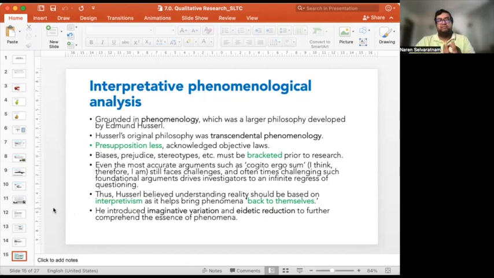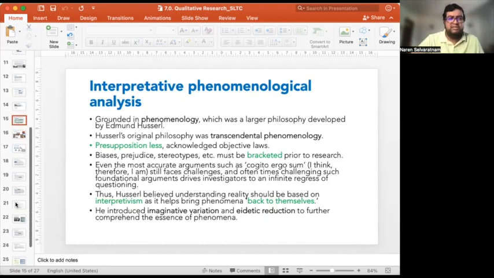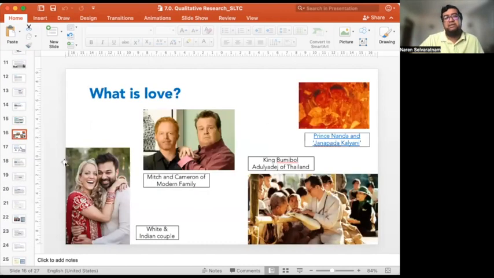For that, Edmund Husserl said, take things back to themselves. You can do this by a particular method called imaginative variation and eidetic reduction. I'm not going to dive deep into those concepts, since this is an introductory level class, but let me show you a basic idea about what imaginative variation is.